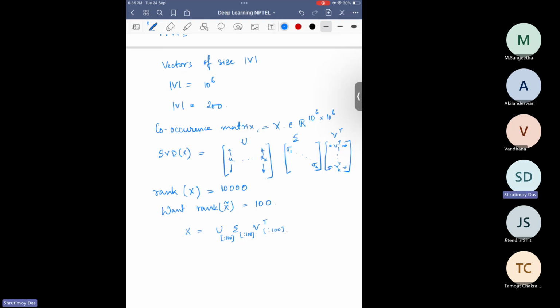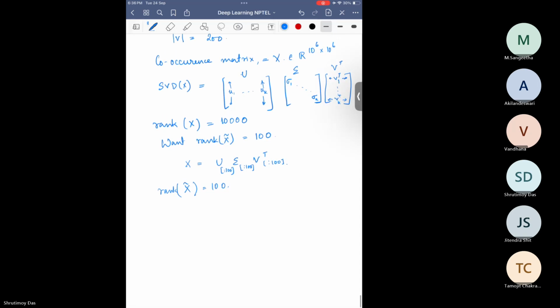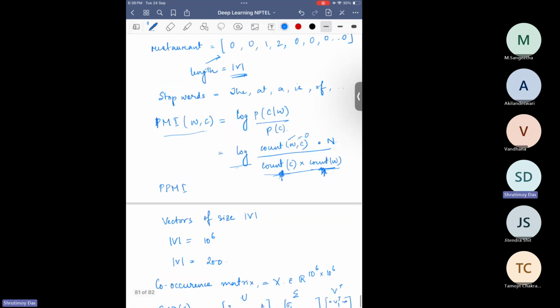Then using only these 100 singular values, we'll get some X tilde whose rank is 100. So this is just a low rank approximation of X. So how is this helpful?